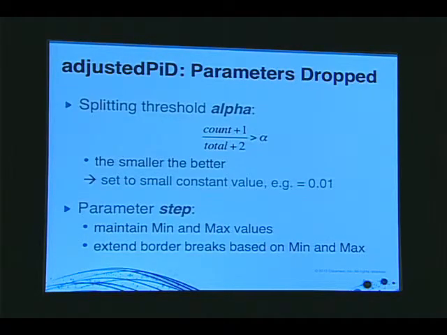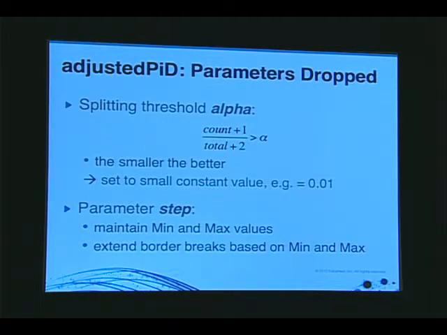So let's have a closer look at the splitting condition, the threshold. What you can see here is a bin is split when the count in this bin compared to the total number of values observed until this point exceeds a threshold.